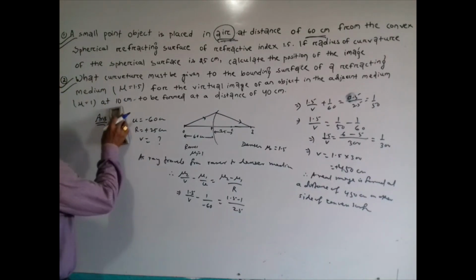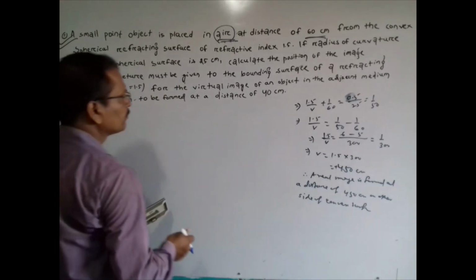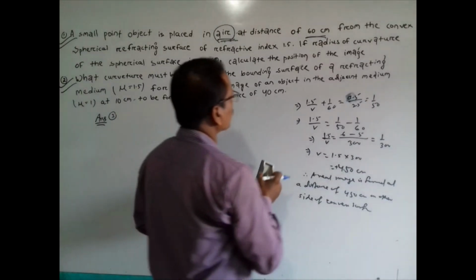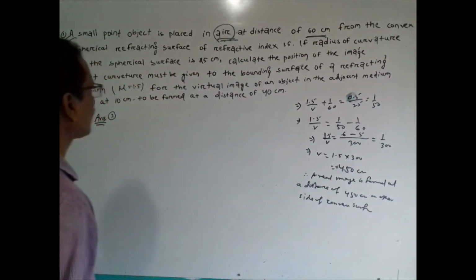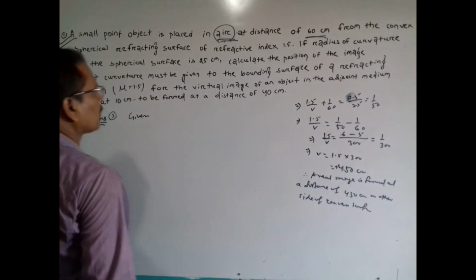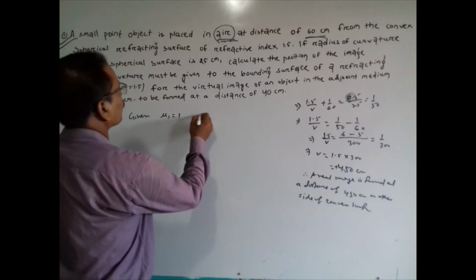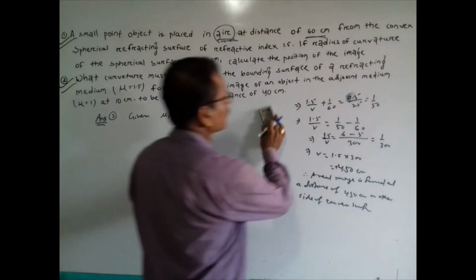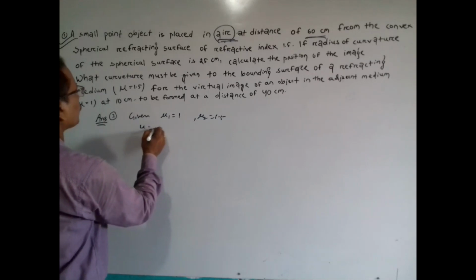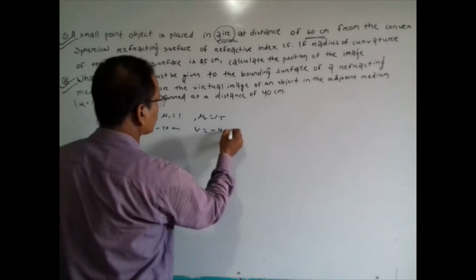Given mu1 is equal to 1, mu2 is 1.5, and u is equal to minus 10 cm, v is equal to minus 40 cm.